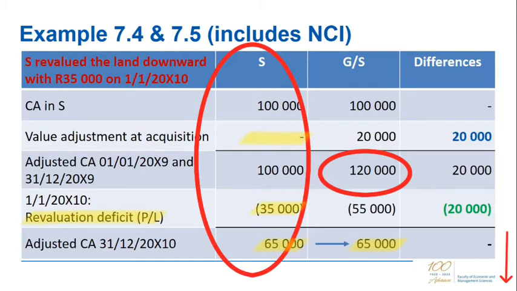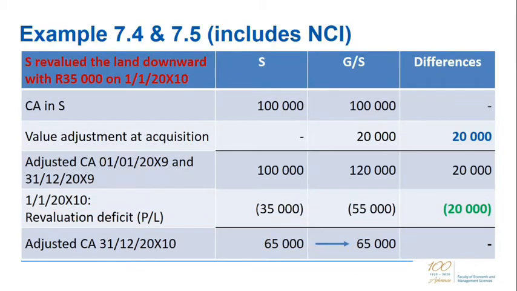But because the 65,000 Rand is the correct fair value of this land, the revaluation deficit that should be recognized in the group must be 55,000. So if my starting point has a revaluation deficit of 35,000 Rand, I need to change that only with 20,000 Rand to have my allowed 55,000 Rand revaluation deficit recognized in the group.